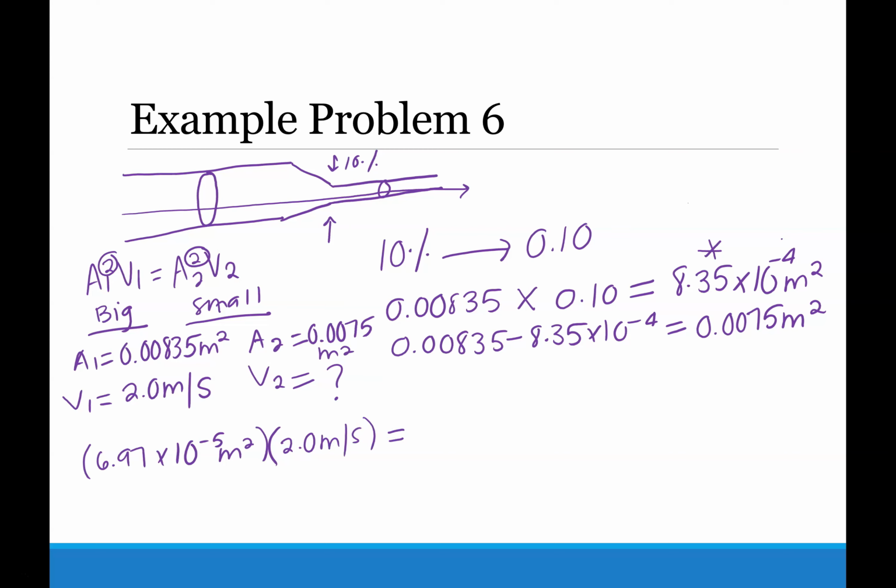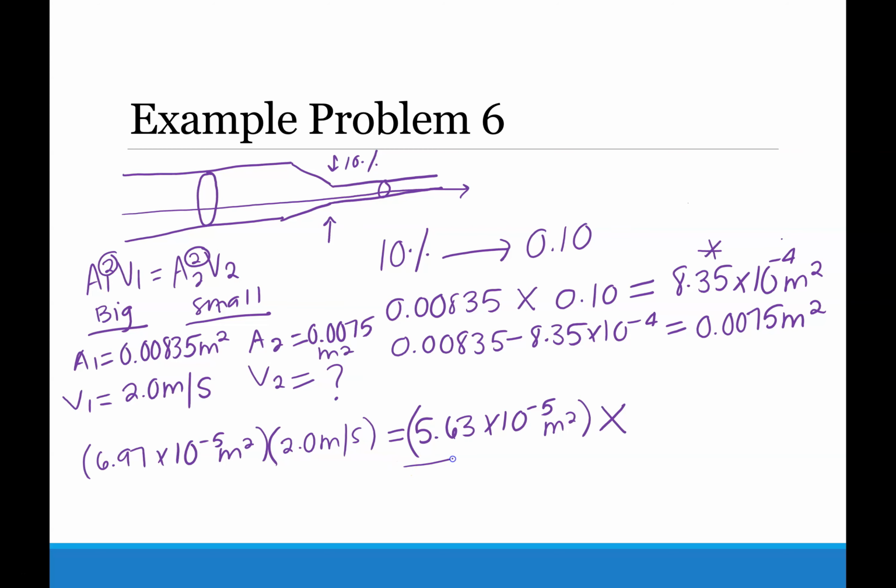Equals, now we're going to take 0.0075 and square it. And it's going to be 5.625, so 5.63 times 10 to the minus 5th meters squared x. And you can use V2 if you would like to, either x or V2, it doesn't matter to me.